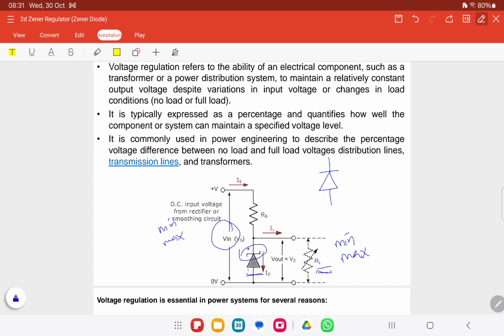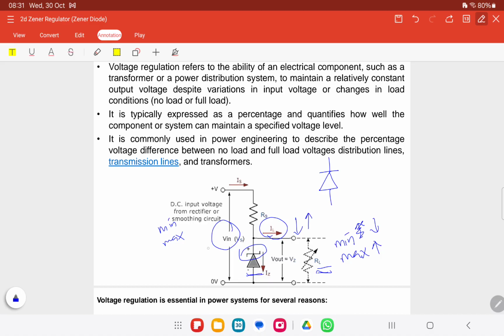Katakanlah if vary the load, dia akan affect the value of the IL kan. Okay, kalau load besar, kalau load maksimum, IL akan kecil. Dia terbalik lah kan, resistor and the current. Okay, kalau minimum, yang ini pula, current pula akan besar. So dia akan effect kat situ.